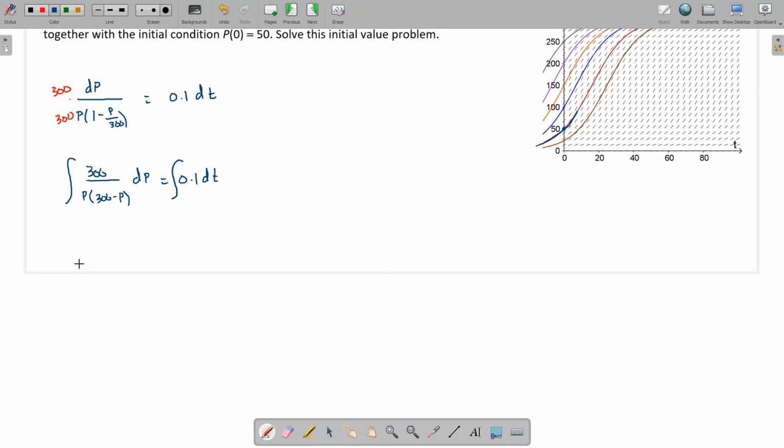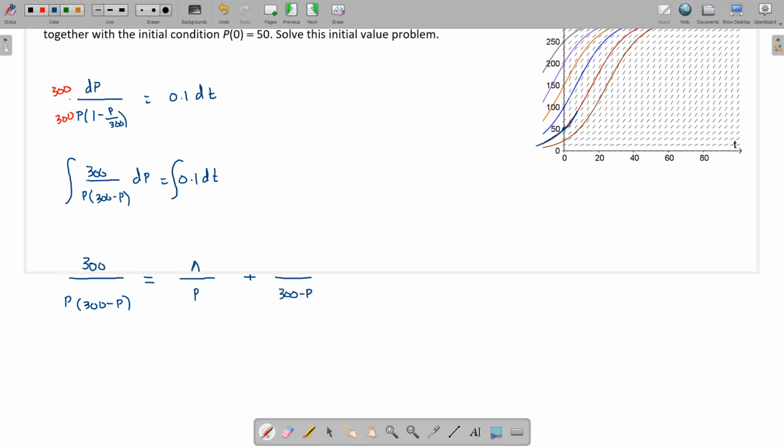In college algebra, we took rational expressions like this that were considered proper fractions, meaning that the degree of the top is less than the degree of the bottom. Degree of the top is 0, degree of this is 2, and we split it up into separate fractions where the denominators were the factors of the original, meaning that one denominator was P, the other denominator was 300 minus P.